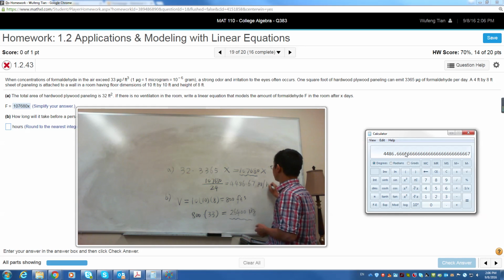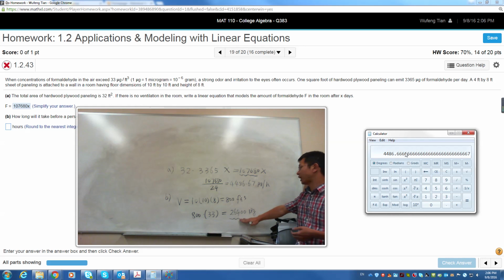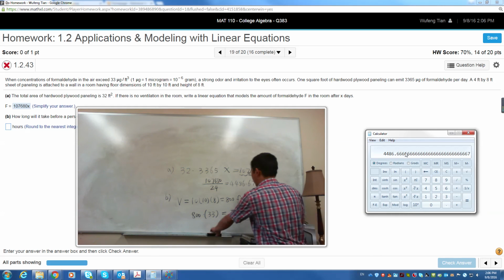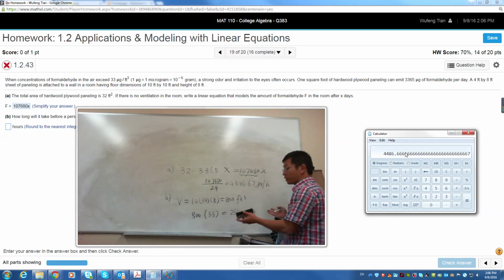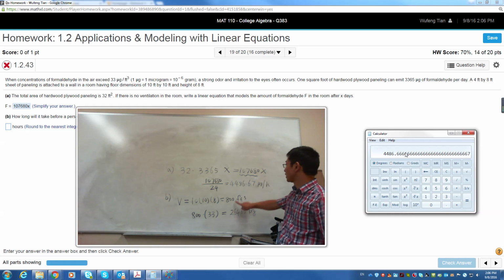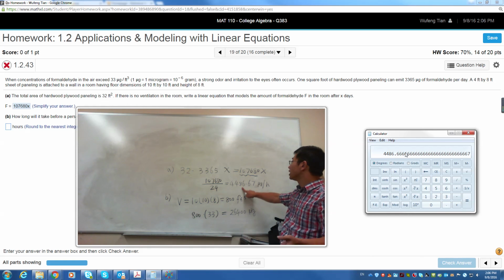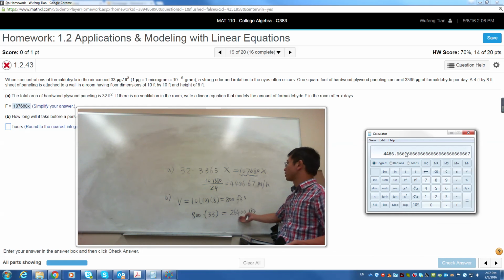Okay. This is the limit the room can hold. So before you feel irritation, if you feel irritated, then this one divided by this one is how long it will take to reach this amount.